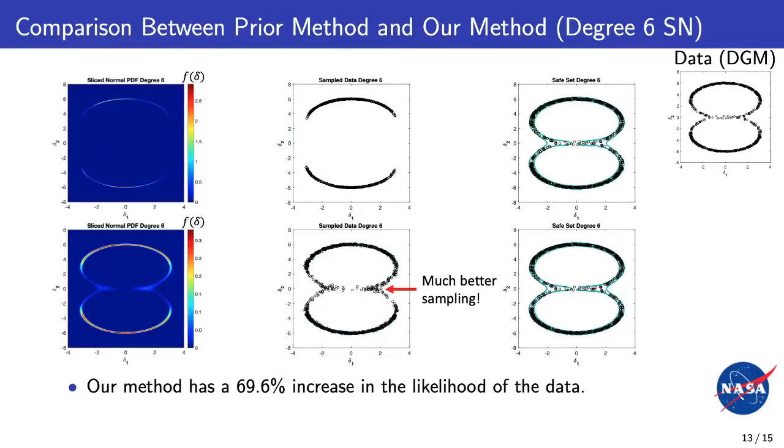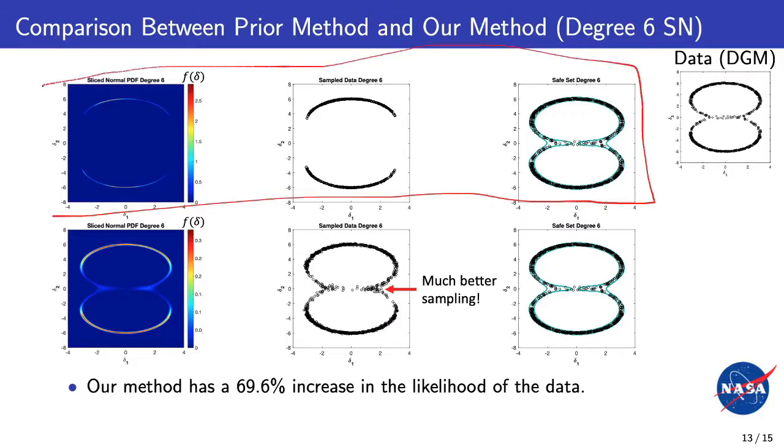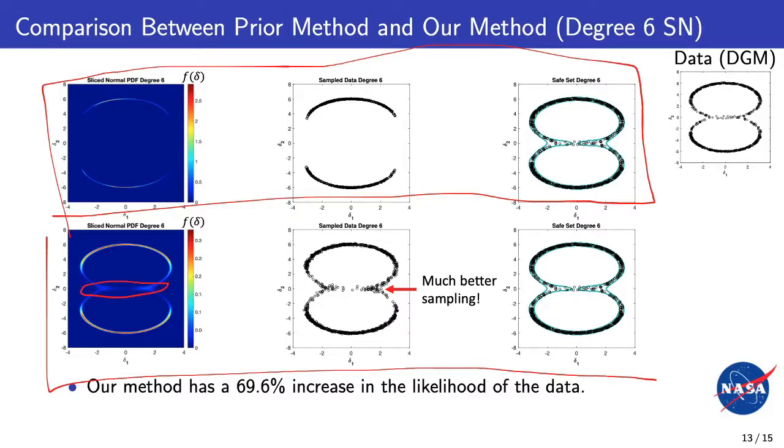If we directly compare our prior work on the top to our new work on the bottom, we see that our new work provides much better sampling. The PDF appears to model lower density areas significantly better, and the level sets remain the same.